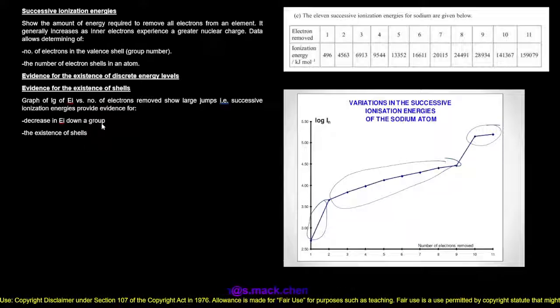Where we look at elements down a group, it will also show a decrease in ionization energy down a group. These two pieces of evidence are used to support the existence of shells.